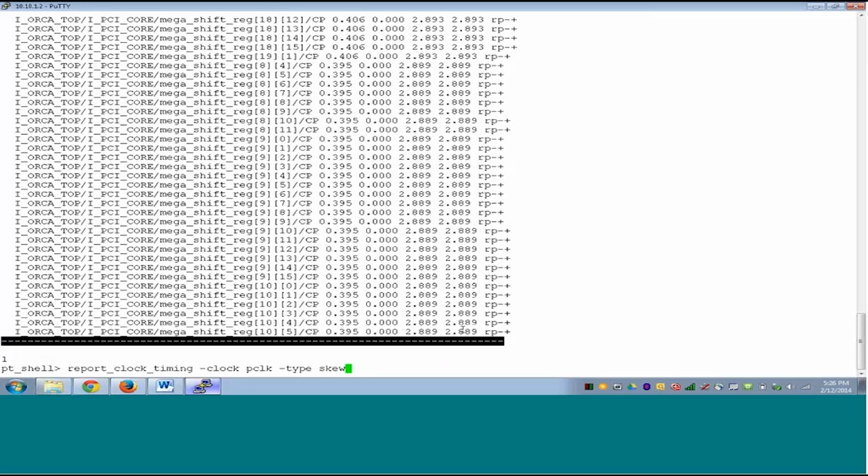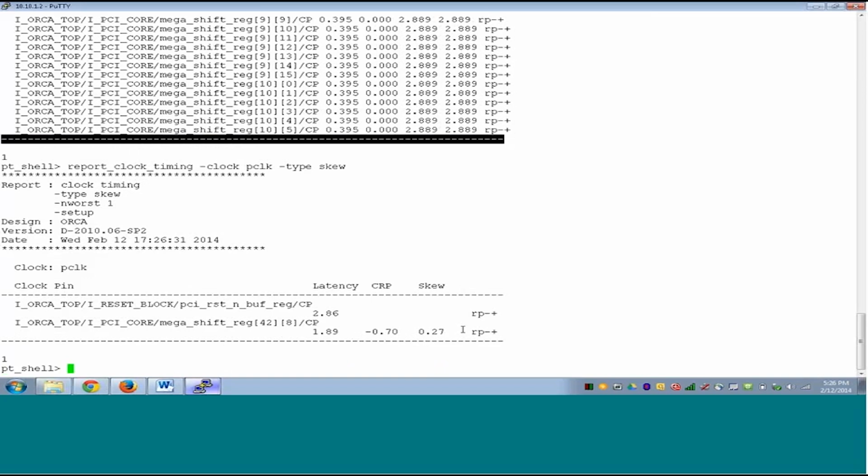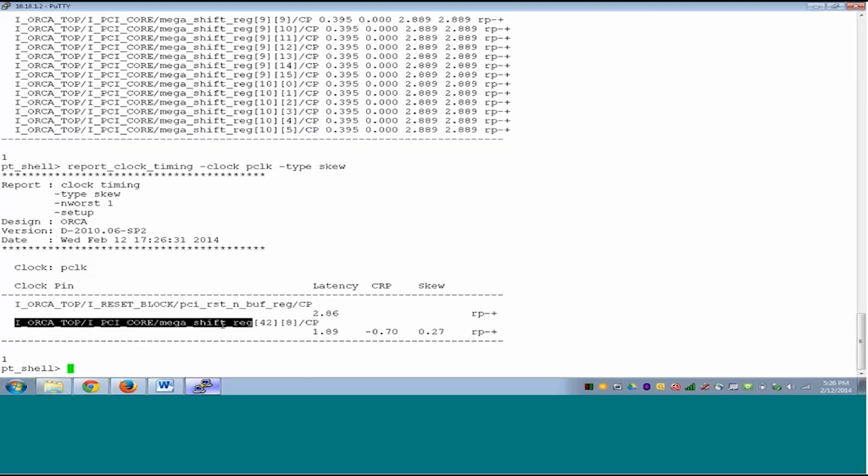Let's do skew again. Among all the timing paths on this particular clock, it will give which timing path has the worst skew. That's why the CRPR appears here. It tells us that this path has the worst skew. These two endpoints might not have the worst latency or the best latency, but among all the timing paths, these two particular clock pins have the worst skew.